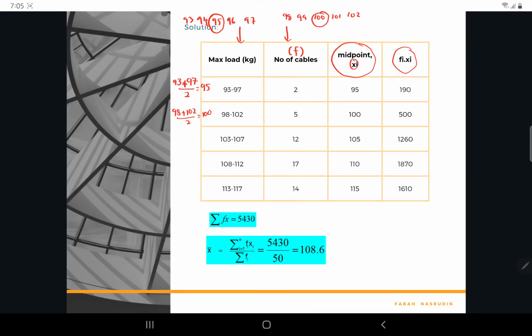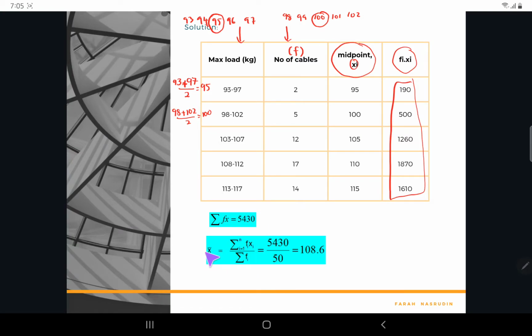Then we need to sum up our fx here. 190 plus 500 plus 1260 plus 1870 plus 1610 is equal to 5430.